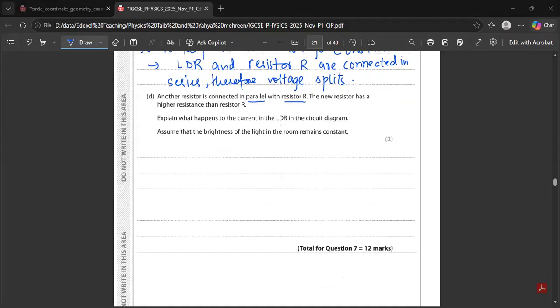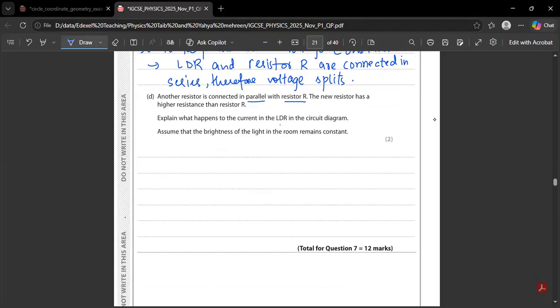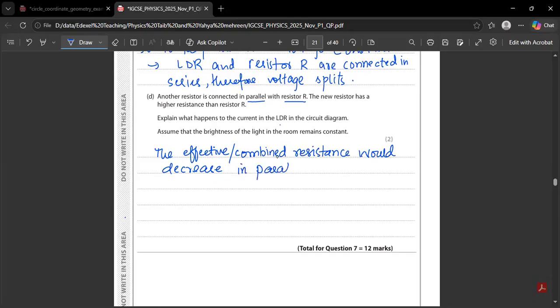So what we have discussed is that in a parallel combination, the effective resistance would decrease, right? Yeah. The effective or combined resistance would decrease in a parallel combination.